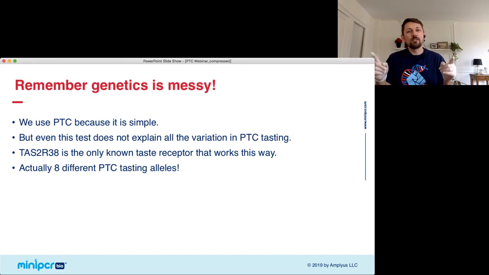Now the 2 that we talked about today cover over 93% of the variation. 2 more cover like another 6% of the variation, and it's just important to note, for those 2, this test will work the same way. If you're able to taste it, this test will come up positive in the same way.